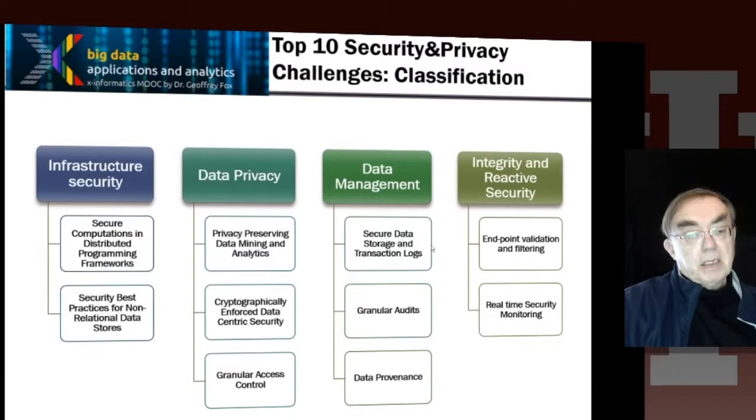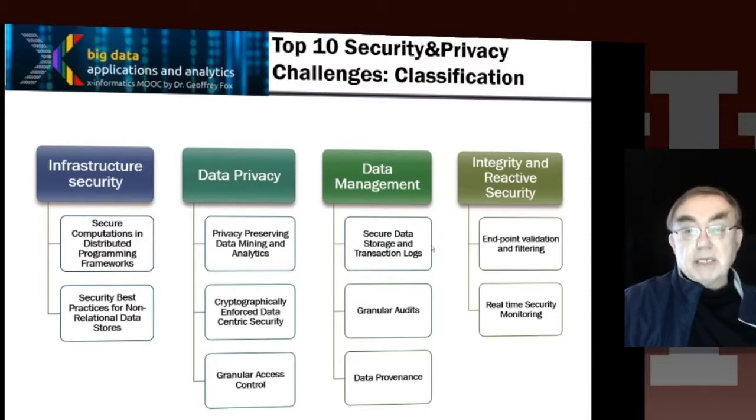So there are ways of trying to do data-centric security to keep the data secure using cryptography. The question is what the performance implications are. And we need to have access control which has enough granularity that you allow people who should have access, and we are able to provide role-based or similar authorization that stops people who shouldn't be able to do something from doing it.